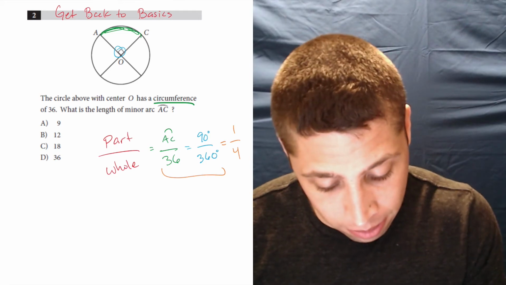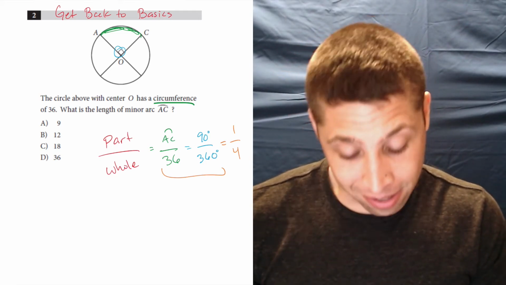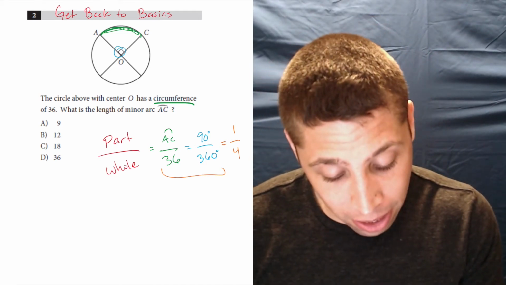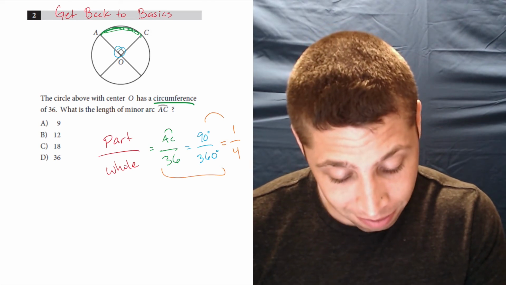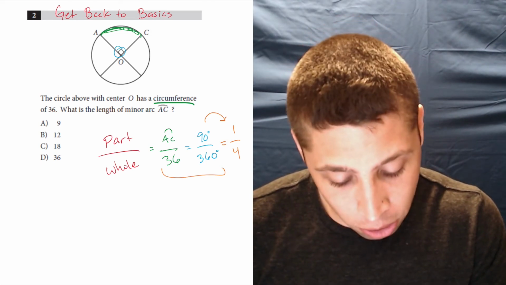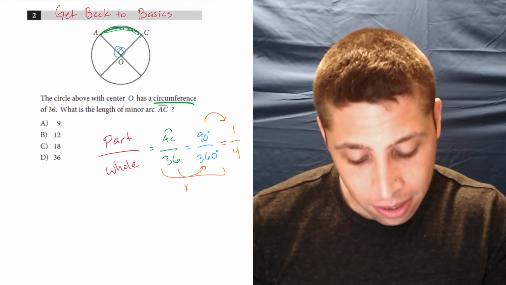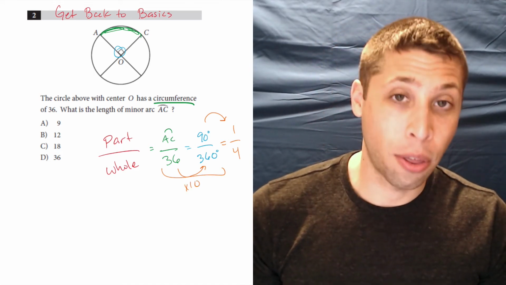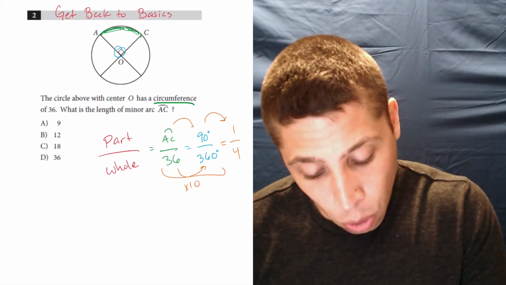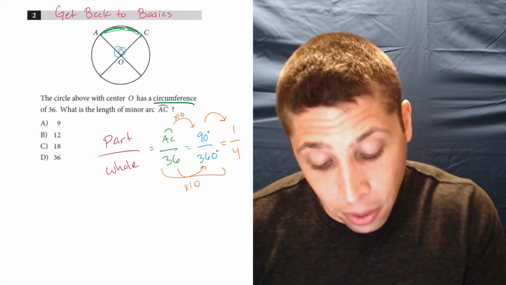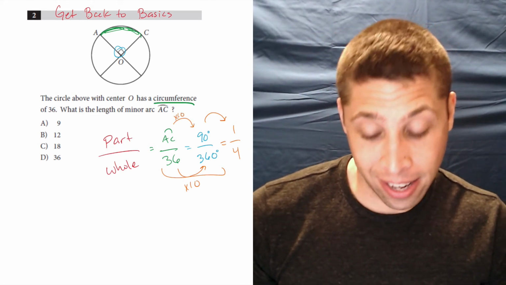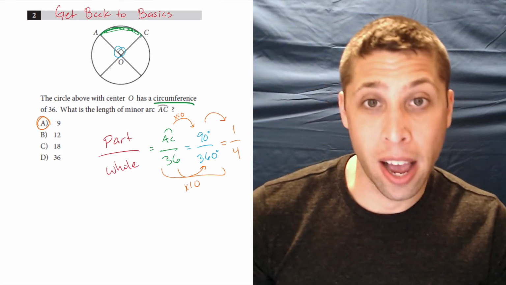So in this case, it looks like it's going to be messy, but luckily we can reduce the fraction to 1/4. But also we can see that if we are multiplying 36 times 10 to get 360, we would also be multiplying something by 10 to get 90. And that something is going to have to be 9.